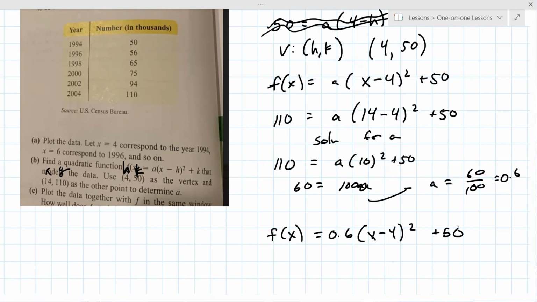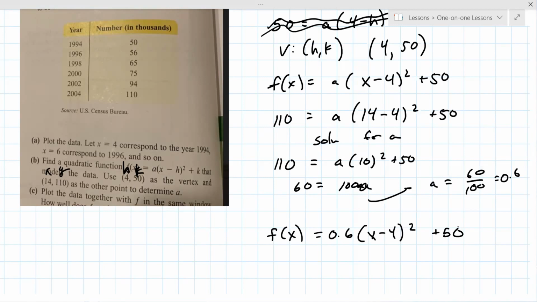Oh, you're right, 60. So then it becomes f of x equals 0.6 times (x minus 4) squared plus 60. All right, so that's the homework that I wanted to finish.